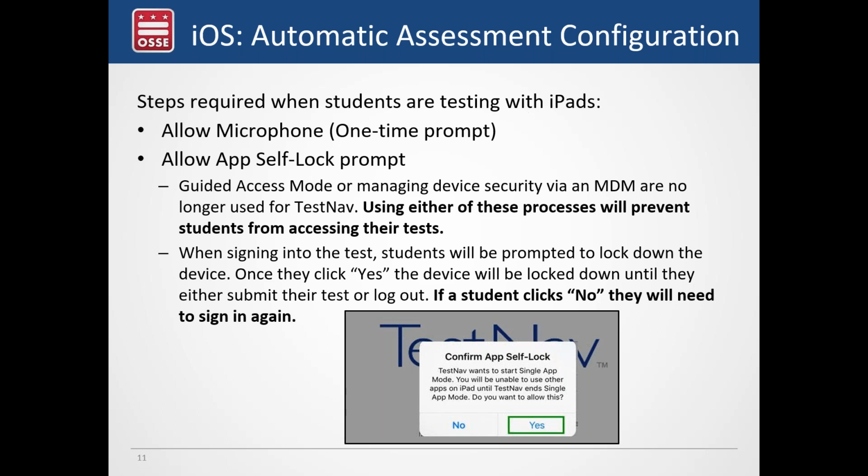So if a student clicks no, it'll take them back to the sign-in page. So we'll just want to make sure that every student hits yes on here. And that may be something that you all set up prior to a student actually jumping on. But it's nothing new. It's been like this all along. But I just wanted to make sure. I know last year I didn't have the screenshot in here, so hopefully that helps out a bit.